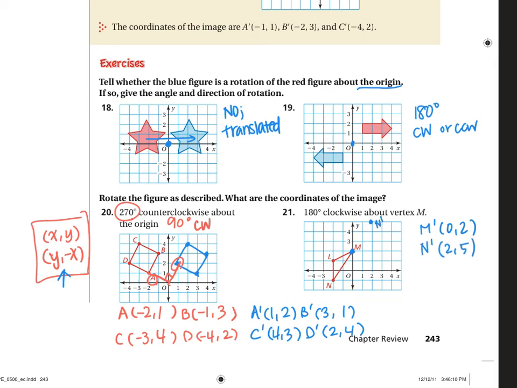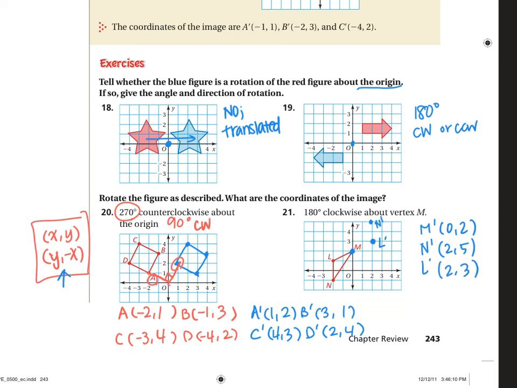And then I work with L, which I'm going to move 1, 2 in, and then 1 up. So I'm going to do 1 up, 1, 2 in. So it's going to be on the opposite side, like here. And my L prime in this case is going to be 2, 3.